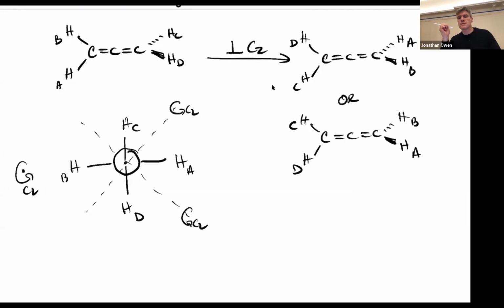We got to have some sigmas. Where's the sigma? Where's the plane of reflection? Well, the plane of reflection goes through here. Reflect the top and the bottom, or the left and the right.